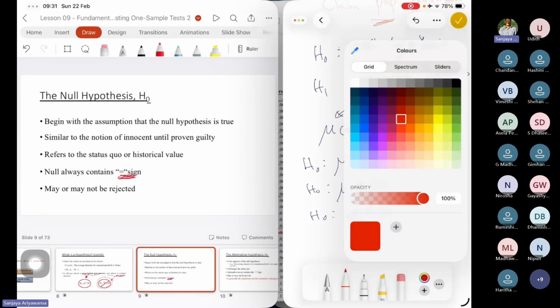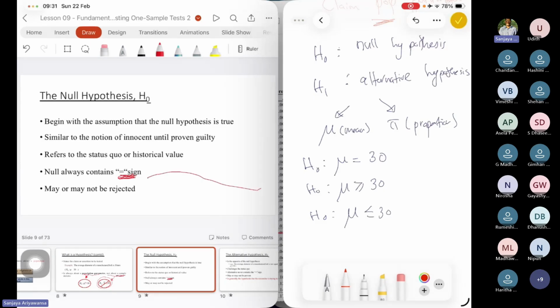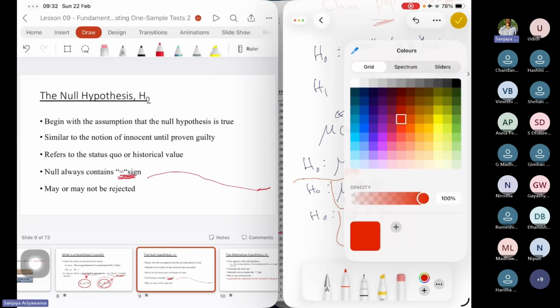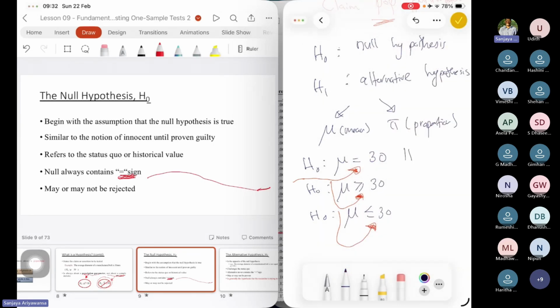So when I say this equal sign fact, what I'm really talking about is either an equal sign like this, or an equal sign like this, because this is also saying greater than or equal, or the scenario where it's less than or equal. Whereas for the alternative hypothesis, H1, you write mu is not equal to 30, because it doesn't contain the equal sign.